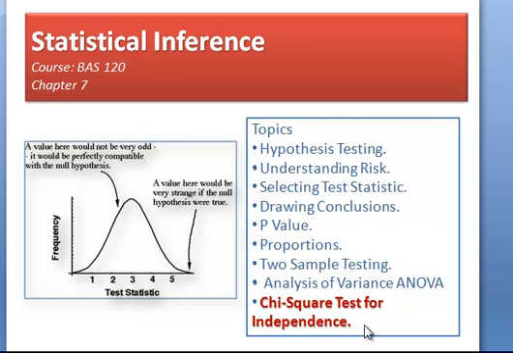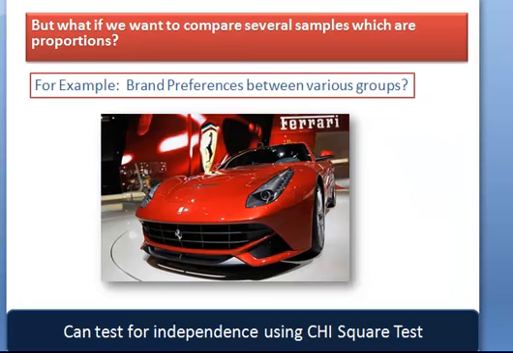Well, now we're going to talk about, well, what if we have categorical data and we want to understand if there's a difference, i.e. if there's a dependency, if they're independent or dependent on each other? For example, in this case, is there something I could test to see if the age makes a brand preference difference on Ferraris?